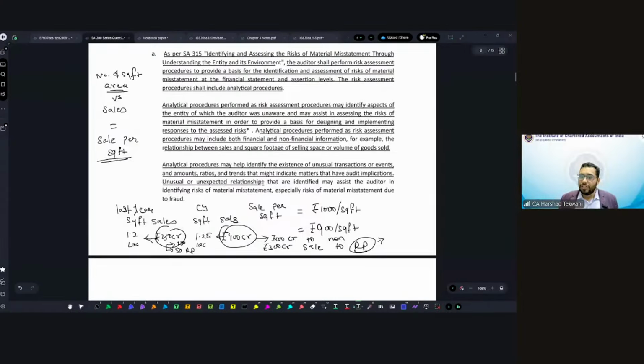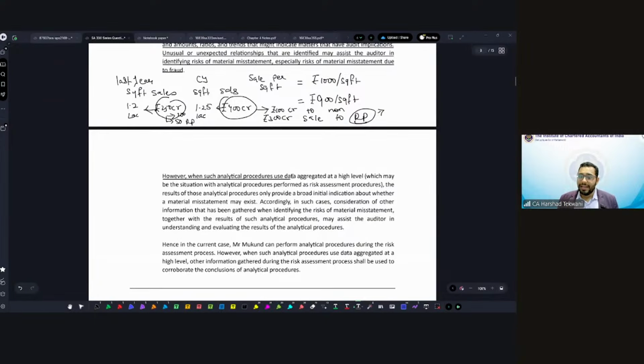Unusual, unexpected relationships that are identified may assist the auditor in identifying risk of material misstatement, especially due to fraud. The classic example we just discussed is where they increased sales to related parties from 50 to 300 crores.